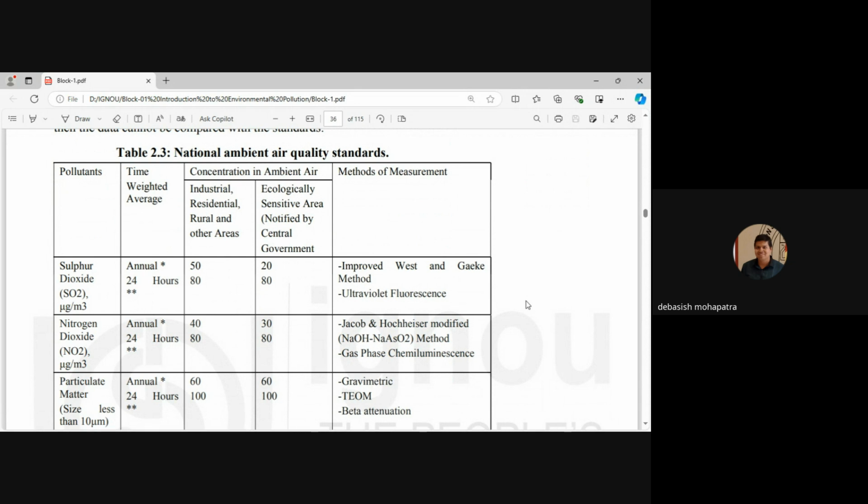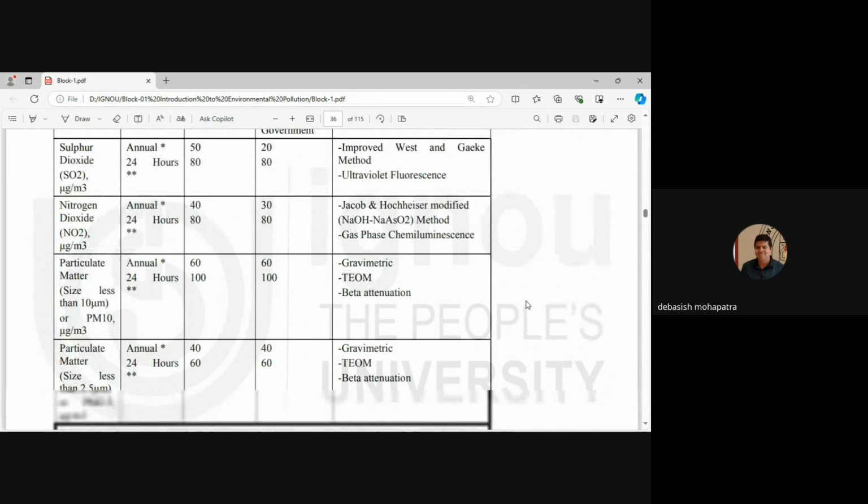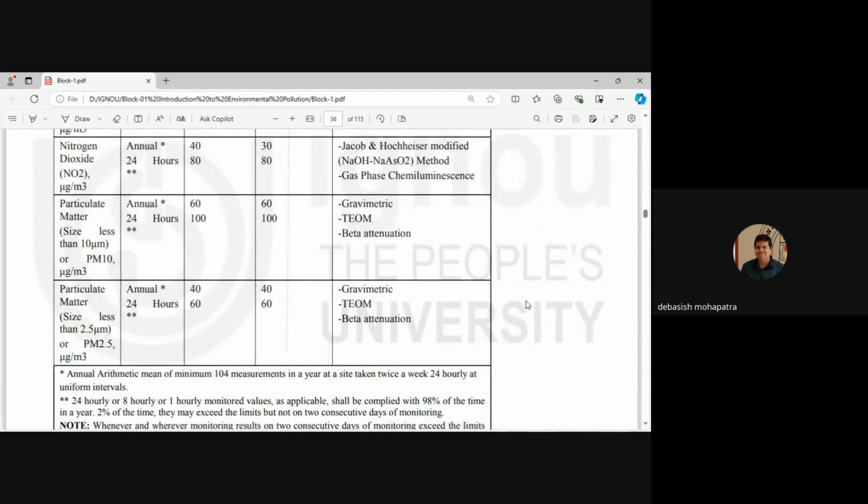Then nitrogen dioxide, annual and 24 hours, 40 and 80, 30 and 80. Methods are the Jacob and Hochheiser modified method and gas phase chemiluminescence. Then particulate matter of size less than 10 micrometer, or PM10, microgram per meter cube, annual and 24 hours, 60 and 100, and 60 and 100.